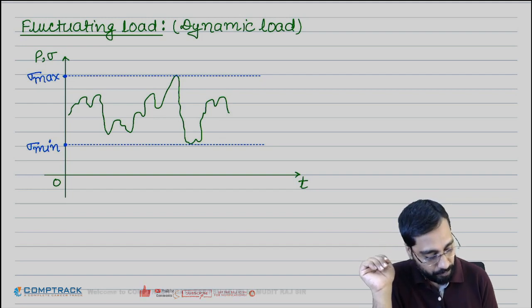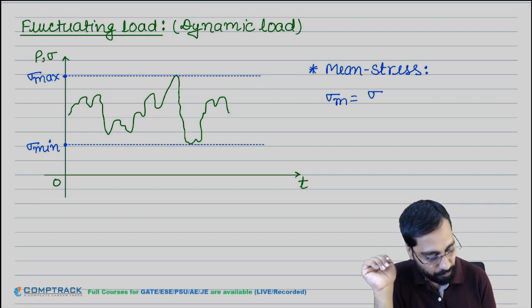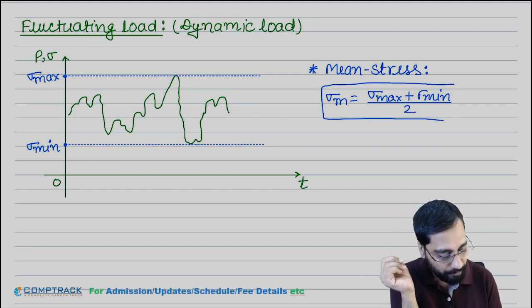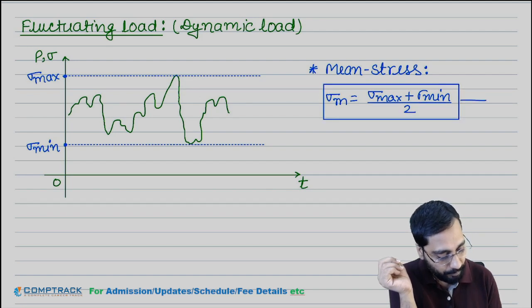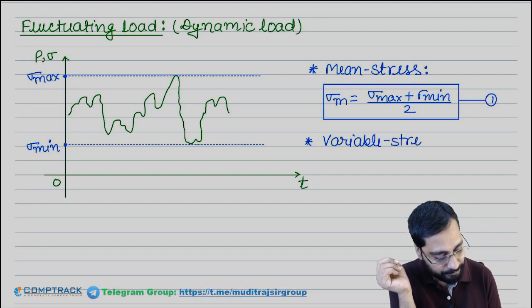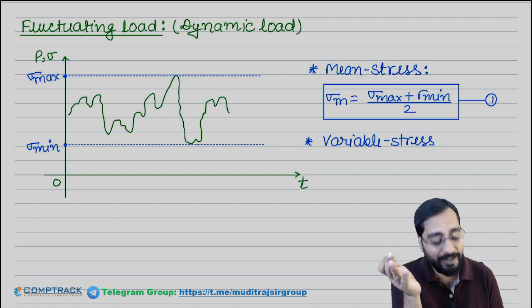Now with the help of these maximum and minimum, first of all you can find the mean stress value. So mean stress will be given by sigma mean equals maximum plus minimum by 2. So this will be the value of mean stress. Second, there will be variable stress, or you can call it stress amplitude.